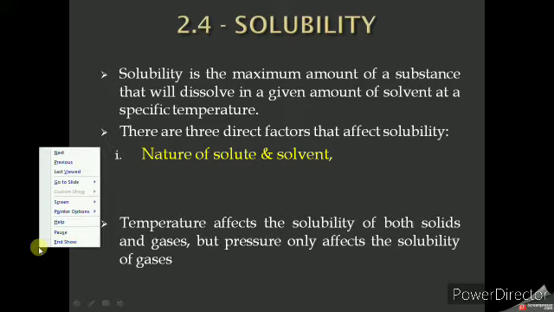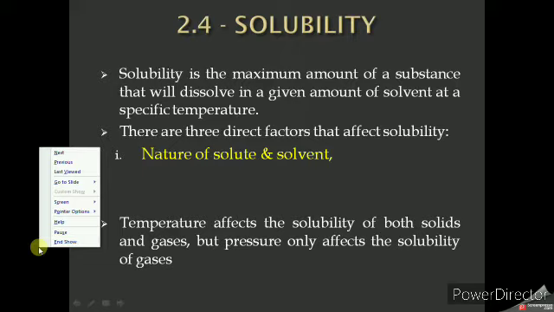For example, if we add NaCl in water, here NaCl is a solute and water is a solvent, there is a strong ion-dipole interaction of Na+ and Cl- ion with water molecule, and there is hydrogen bonding between water molecules, as well as ion-ion attraction between Na+ and Cl- ion, which are comparable. So this is the first factor.